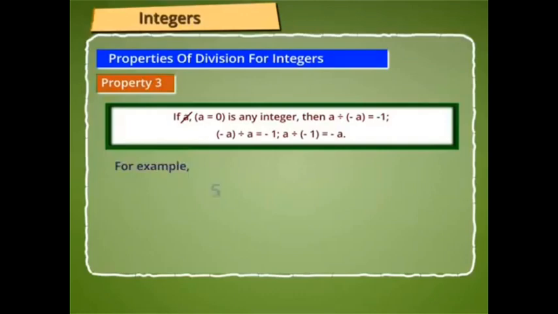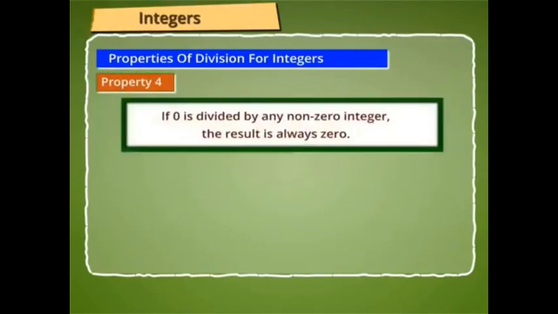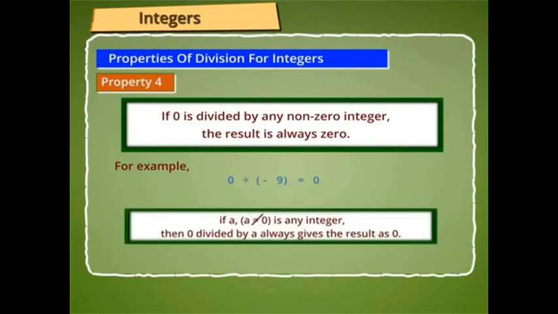For example, 5 ÷ −5 = −1 and −8 ÷ −1 = 8. Property 4. If 0 is divided by any non-zero integer, the result is always 0. For example, 0 ÷ −9 = 0. Hence, if a ≠ 0 is any integer, then 0 ÷ a always gives the result 0.